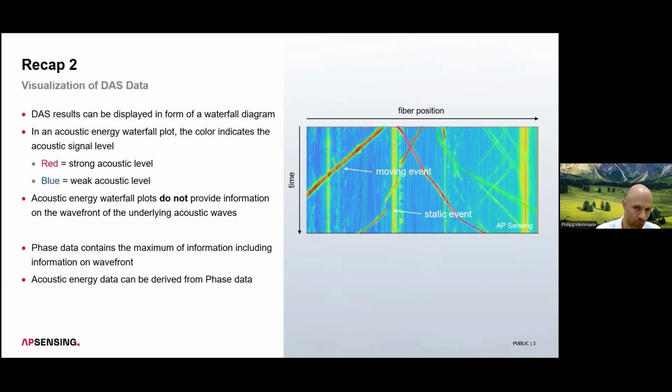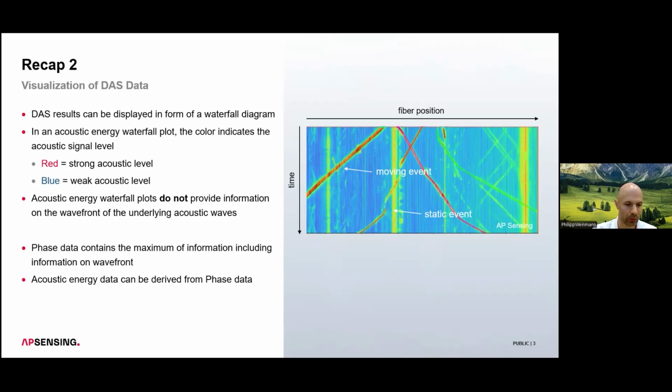However, if you use these sort of plots, acoustic energy, then you lose all the information about the wavefront of the underlying acoustic wave. And this wavefront information is actually important to many people, like researchers, because they want to study this data.